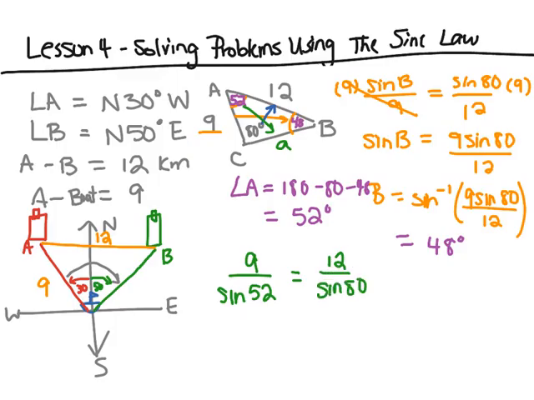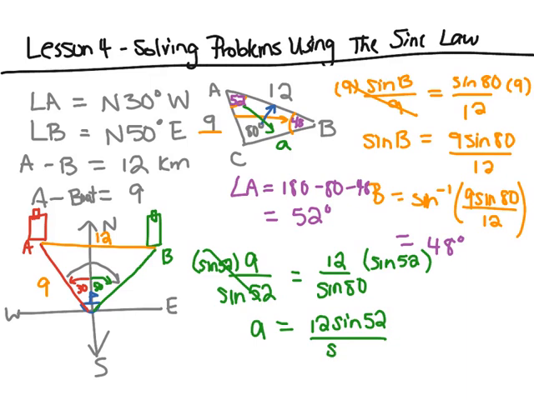Now we're going to multiply both sides by sine 52 to isolate A. This cancels, and we're left with A is equal to 12 sine of 52 divided by sine of 80. Type that all into your calculator, and you should get, to the nearest tenth of a kilometer, 9.6 kilometers.